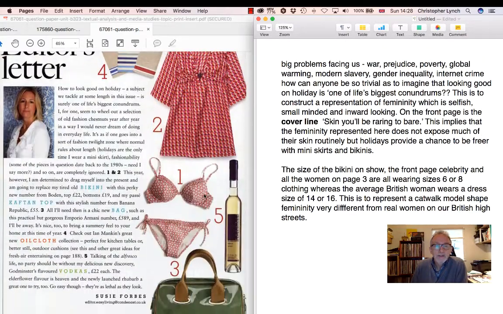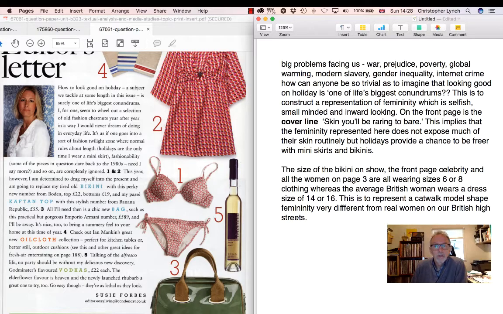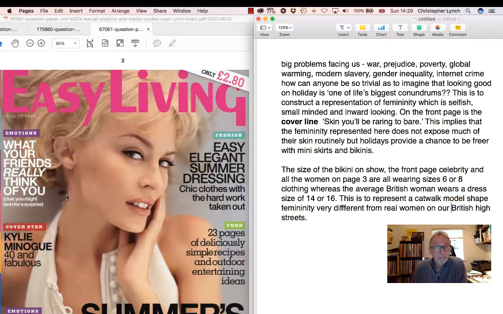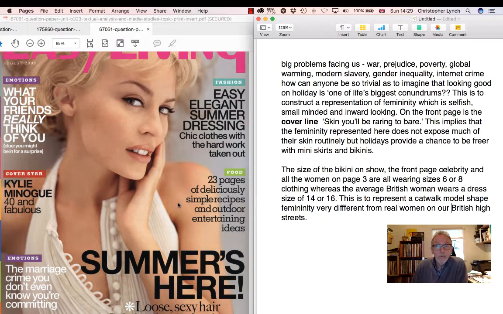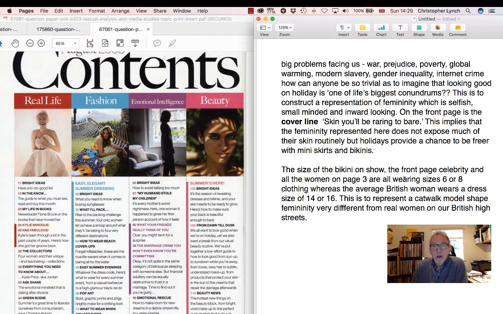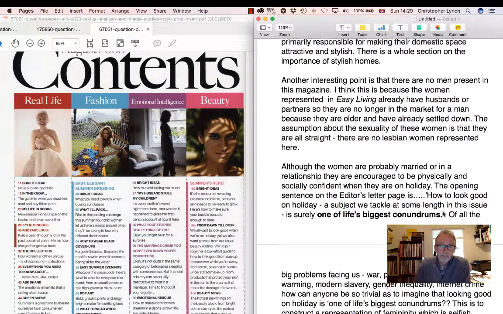The size of the bikini on show, also the front cover celebrity here, and all the women on page 3 are all wearing sizes 6 or 8 clothing, whereas the average British woman wears a dress size of 14 or 16. This is to represent a catwalk bottle-shaped femininity very different from real women on our British high streets.